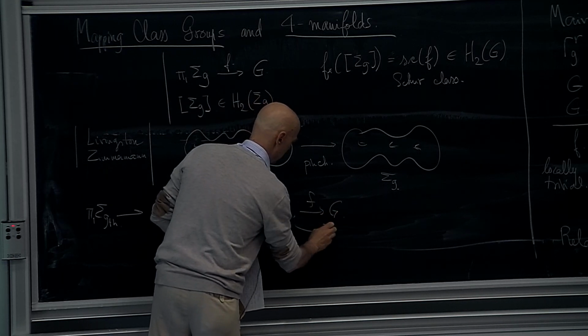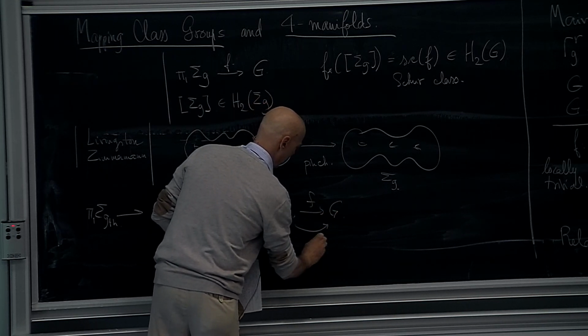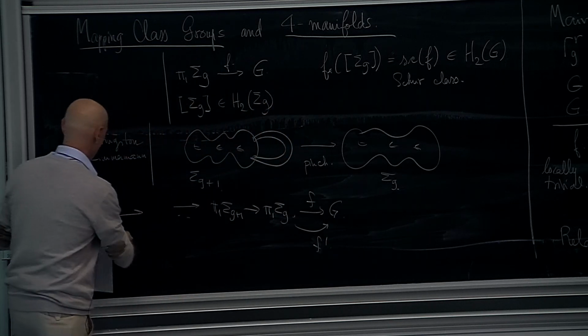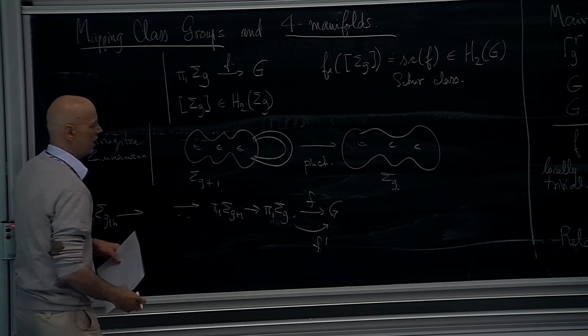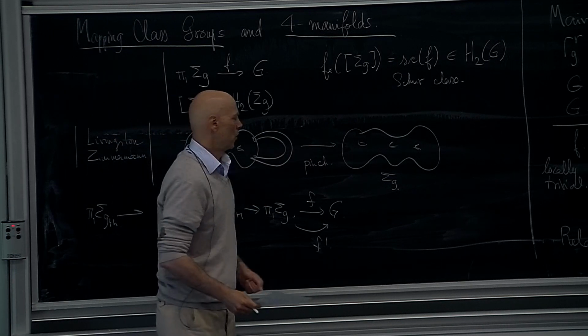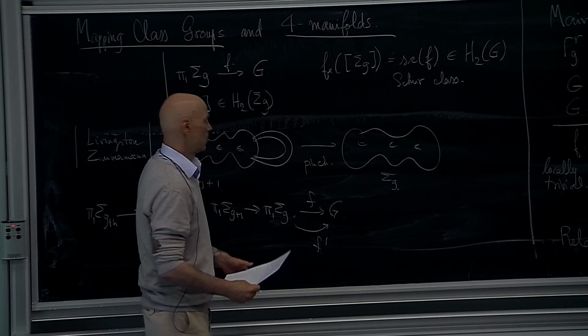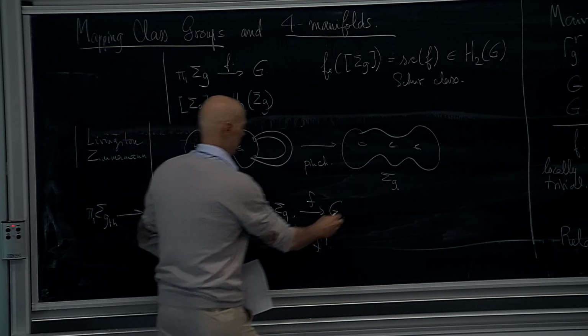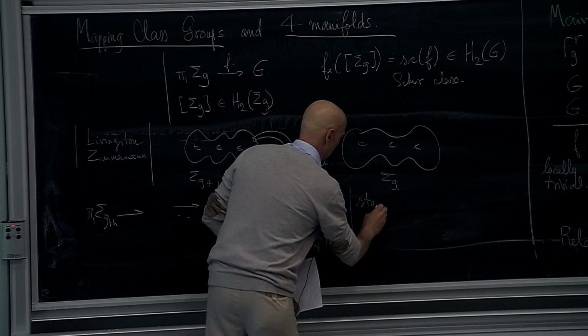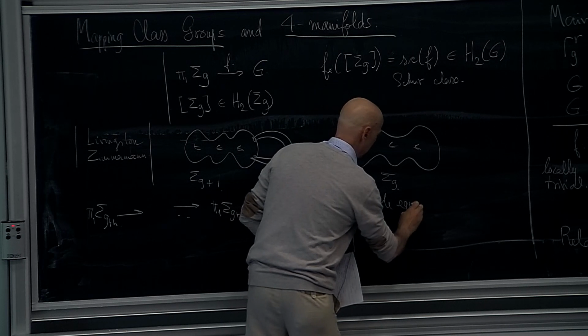So f and f prime, composing with a number of pinches, become equivalent with respect to the corresponding mapping class group action on the left. So, stable equivalence.